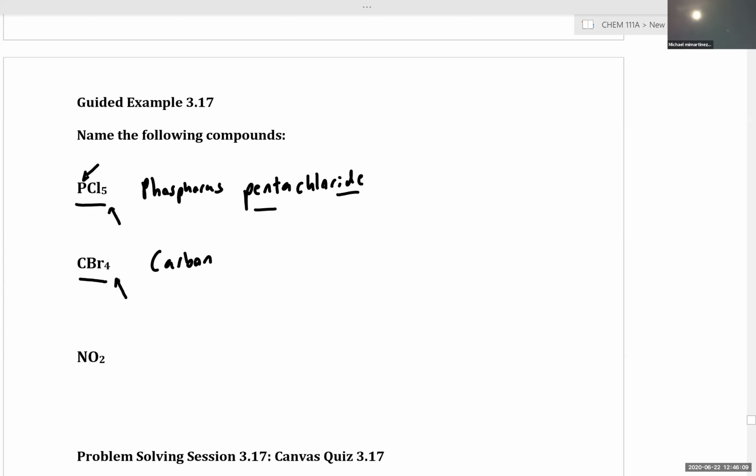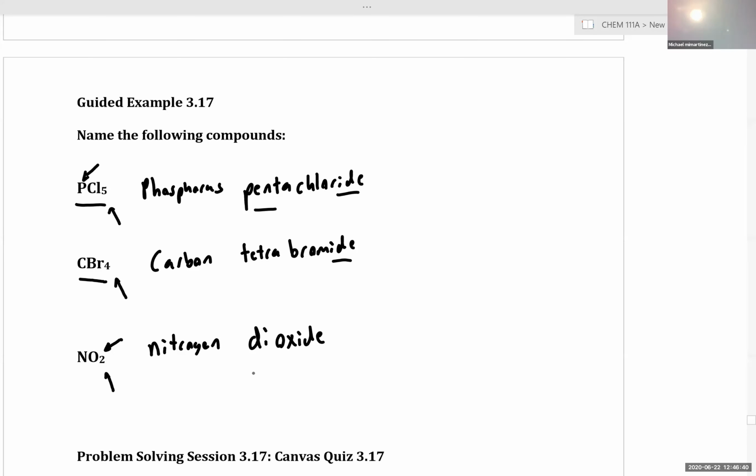Then we write the prefix for our second element, which is tetra, and then bromine turns into bromide. In this last example, NO2, we write the name of our first element, which is nitrogen, the prefix of our second element, which is di, and then we change oxygen to oxide. So this is nitrogen dioxide.